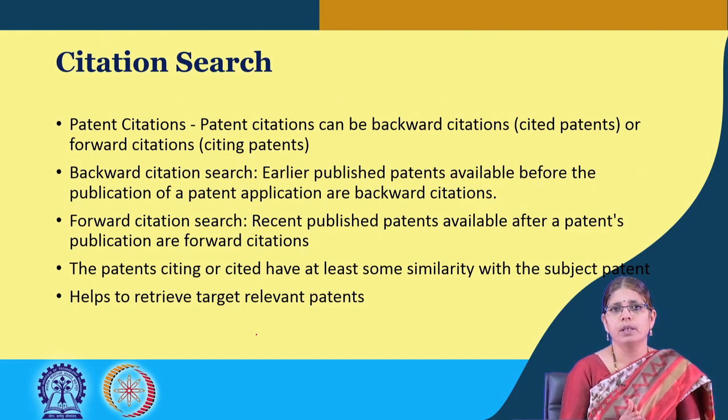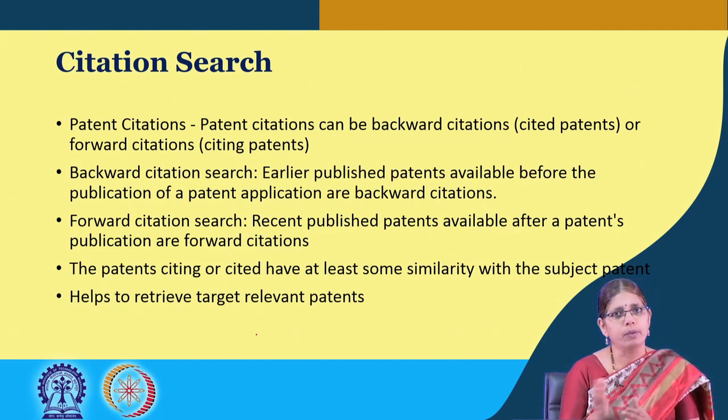People are also aware that when publications are cited, you get what you call the score, and today even general publications are indexed by what you call the H index. There are different types of indexes. This is somewhat relevant if you bring that similarity into the context of patents as well.